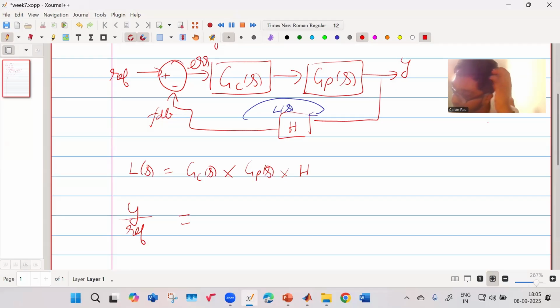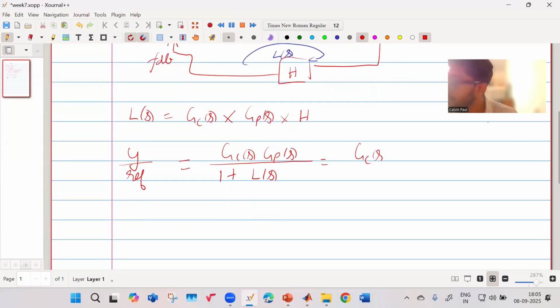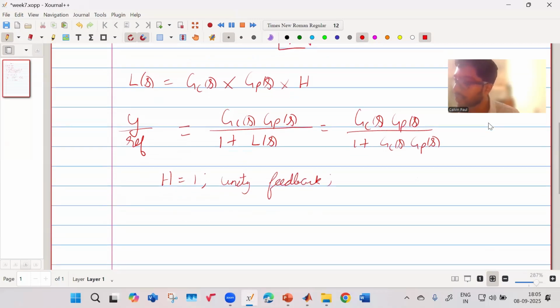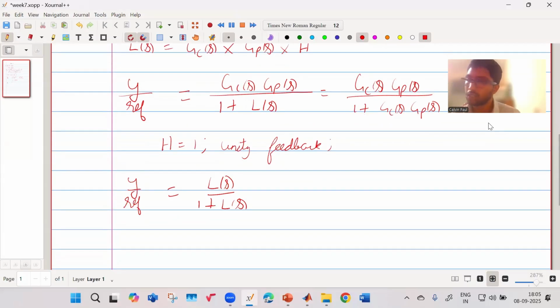That would come out to be GC of S into GP of S upon 1 plus L of S. Now, if we assume H is 1, that is unity feedback, then Y upon the reference is L of S upon 1 plus L of S. So this is your overall closed loop transfer function.